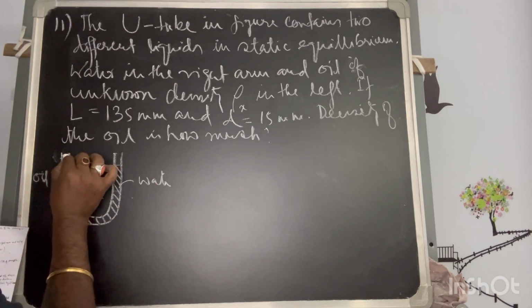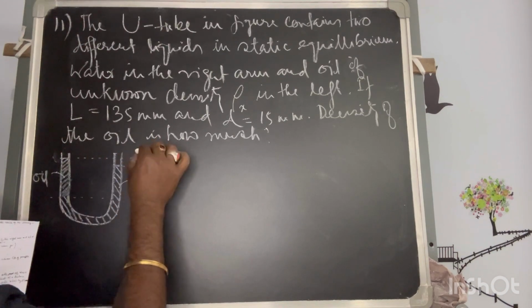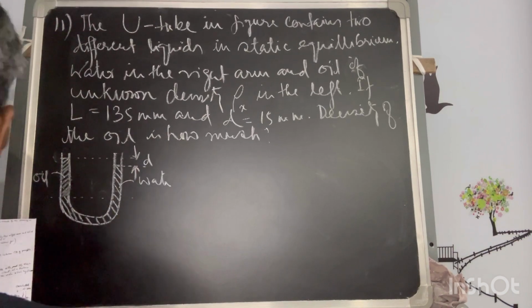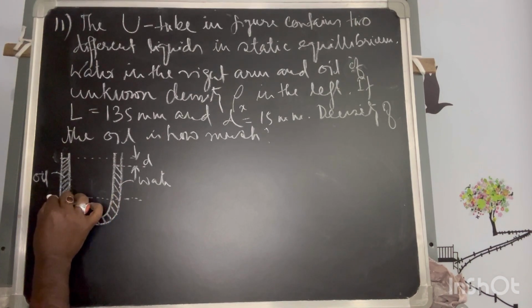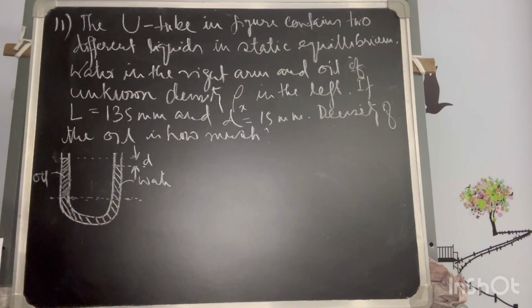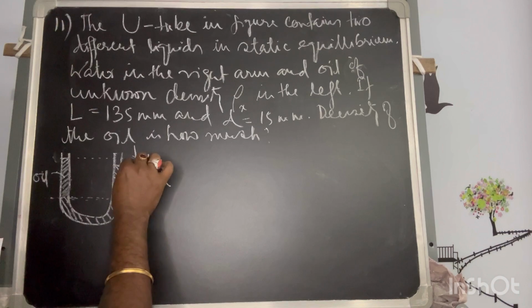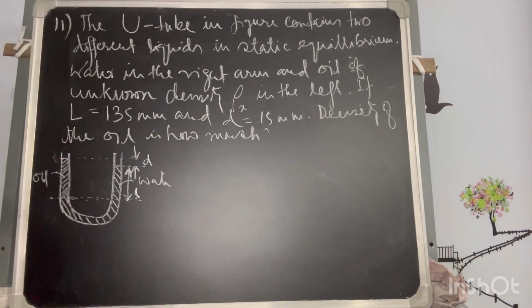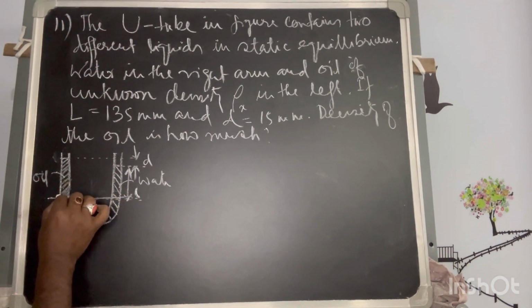and the level difference at the top, where the water level ends and where the oil level ends, has a difference of small d, and the level where the oil is at the bottom, the bottom level of the oil, and the difference of the, we can say, this part is given as L. So from there you can clearly see that this is the bottom part of the oil.